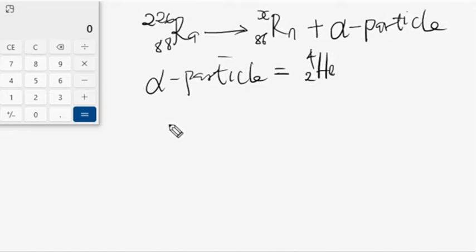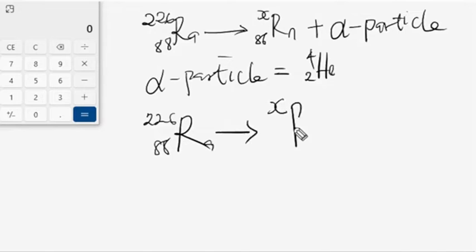For this equation, we are going to have 226 and 88 here, and then this will yield X and 86, then plus 4 and 2 for helium.